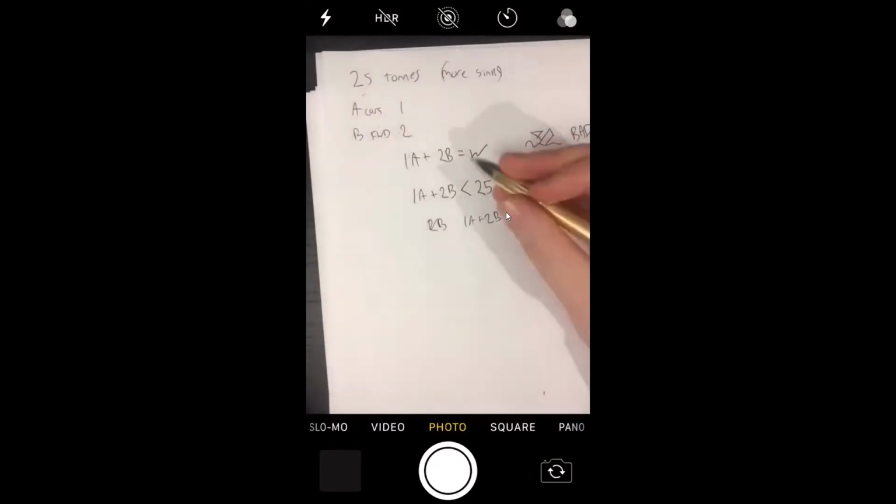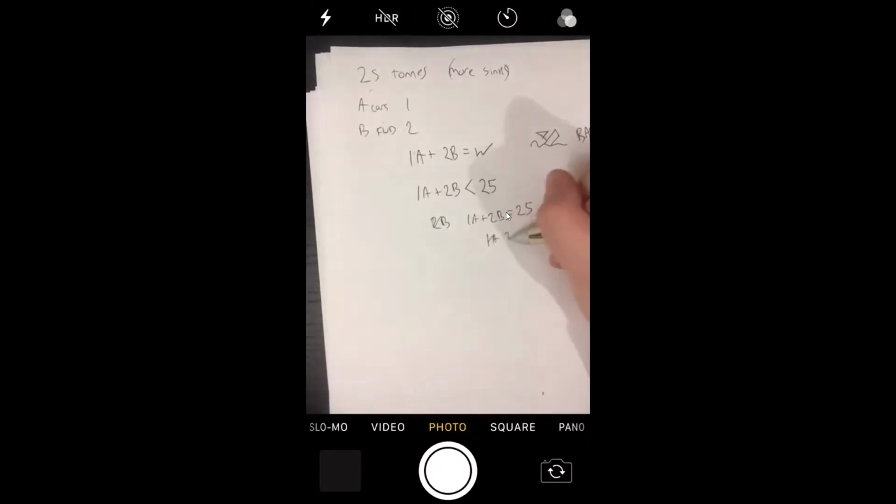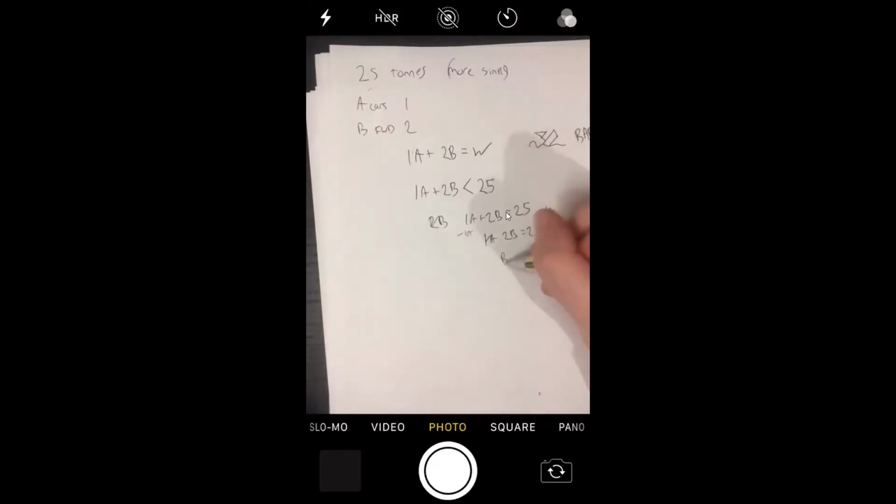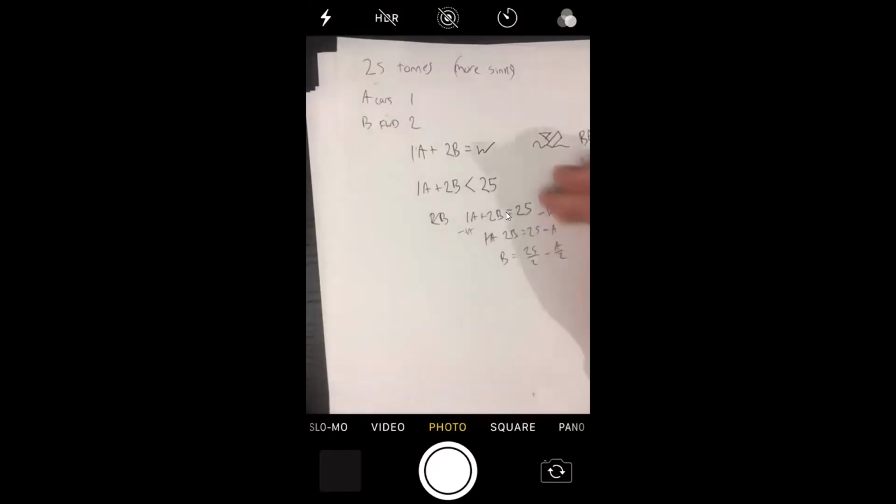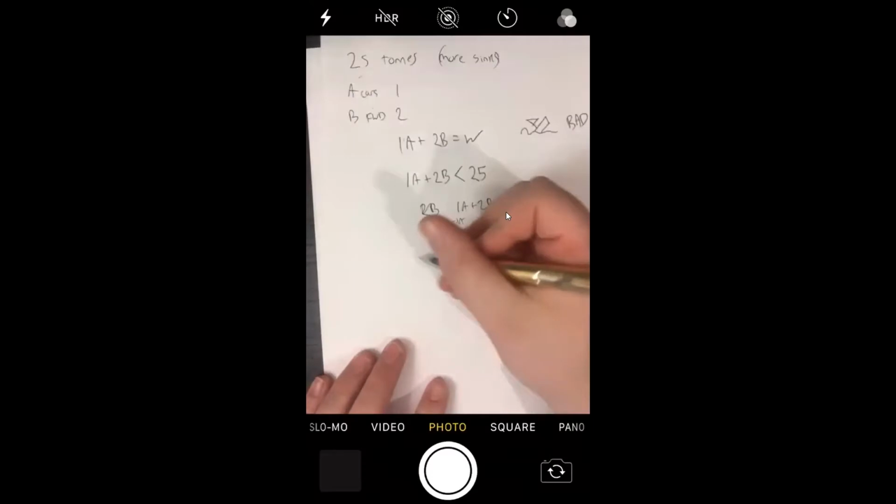What I would then do is go 2B equals 25 minus 1A, and then B equals 25 over 2 minus A over 2. Then I can just do a quick little plot.